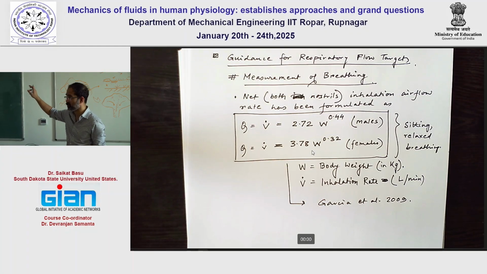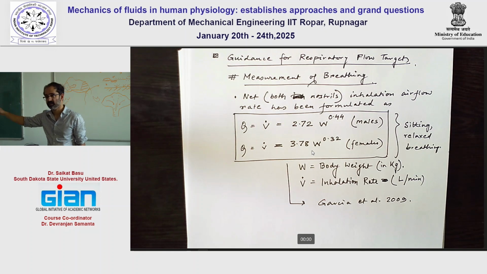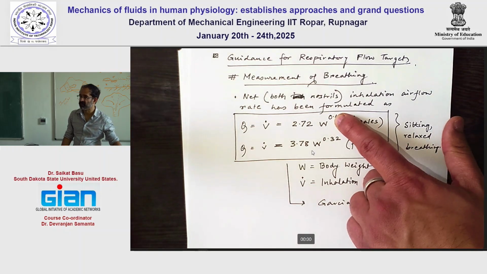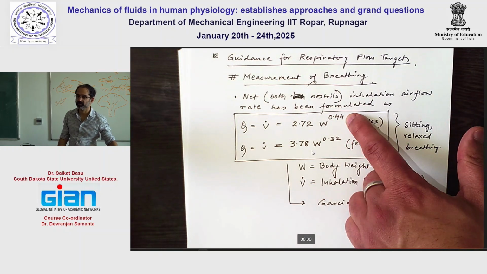As in, we have the body weight data for that person. Many times nowadays, for the sample size, it is like hundreds. So statistically, and they have some correction as well. This is the simplified version of the formulation. So they have a correction on the power, like 0.44 plus minus 0.1 or something like that.